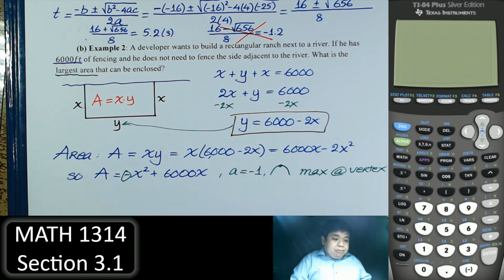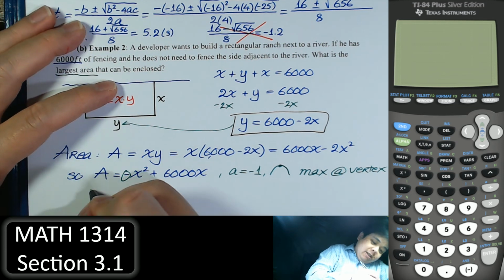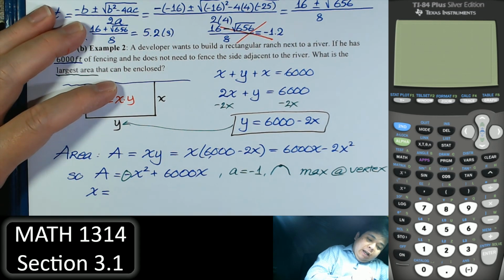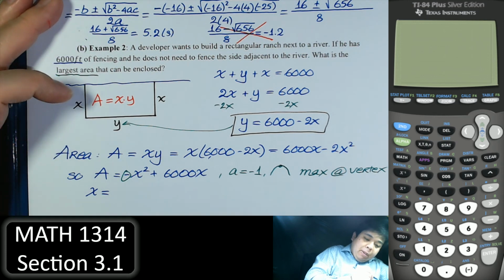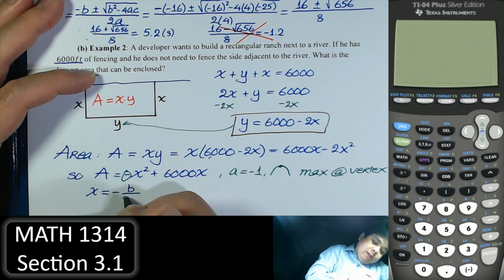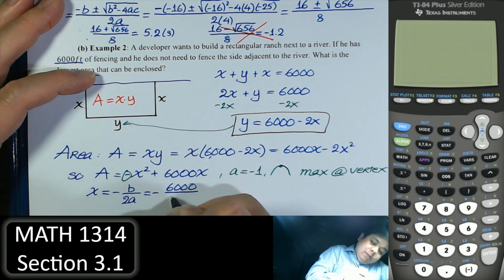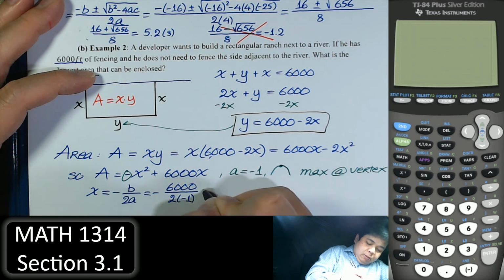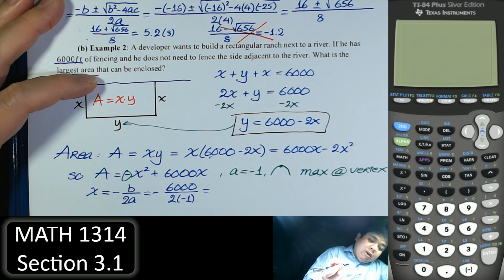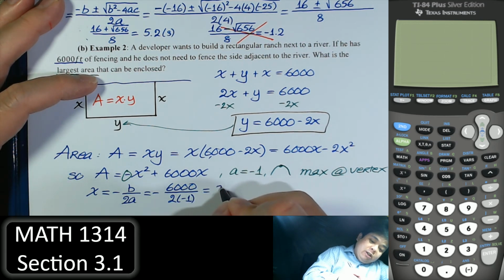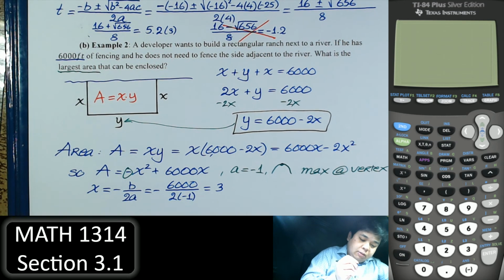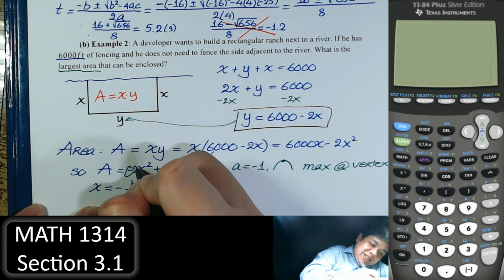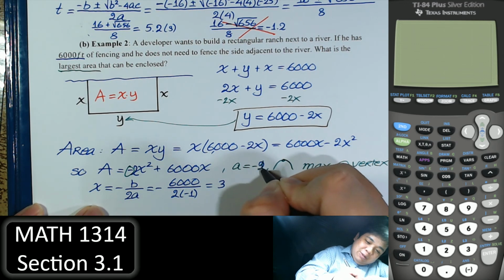So the vertex is at x equals negative b over 2a. So 6,000 divided by 2, that's 3,000. Except I forgot the 2 here, right? Sorry, so a is negative 2.